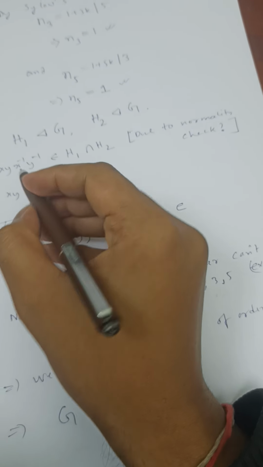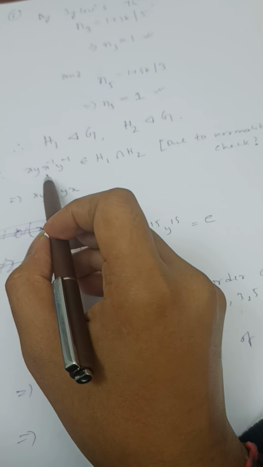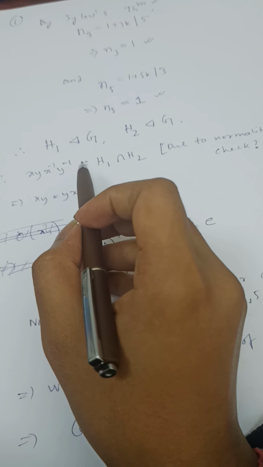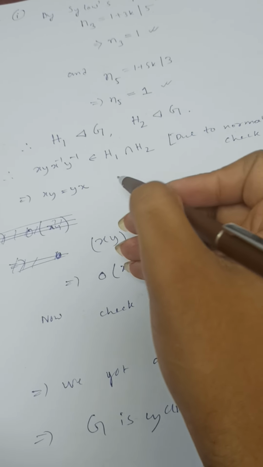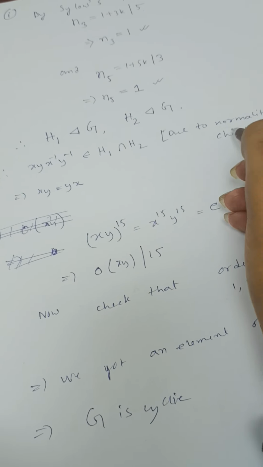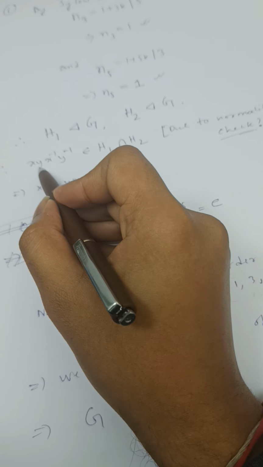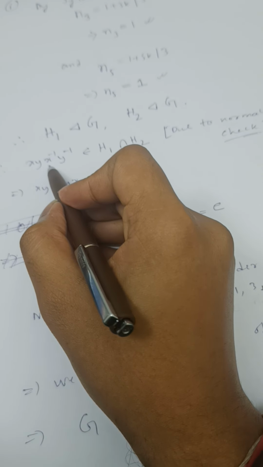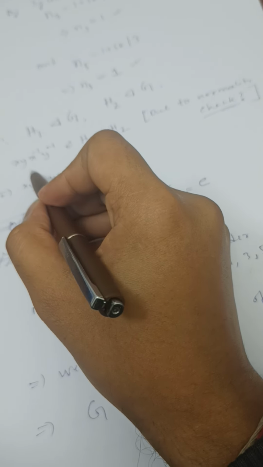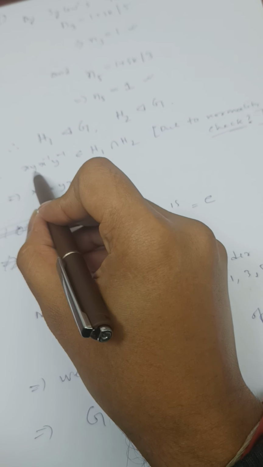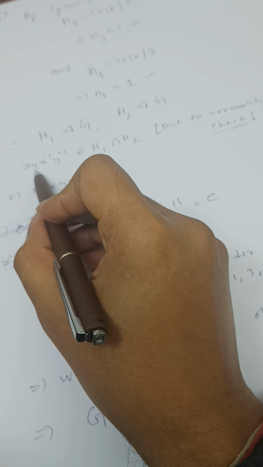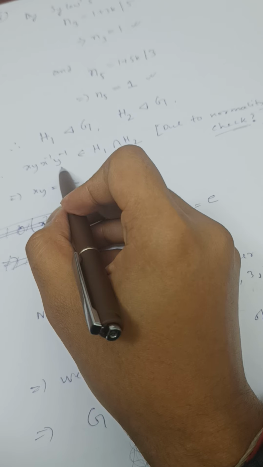Now consider this element x y x inverse y inverse, which belongs to the intersection. Why? Because using normality, you can check that x y x inverse belongs to H2 and this whole element belongs to H1 as well.